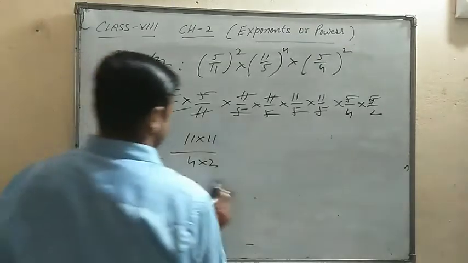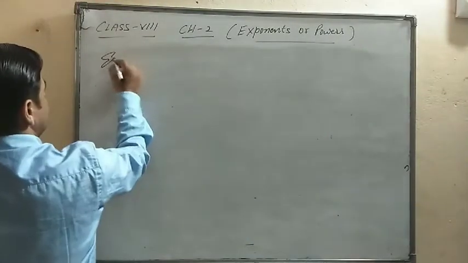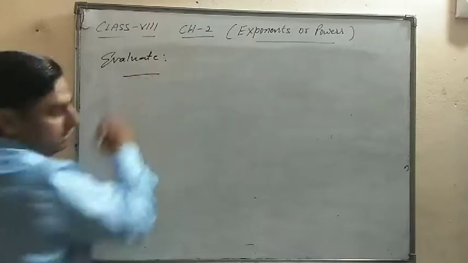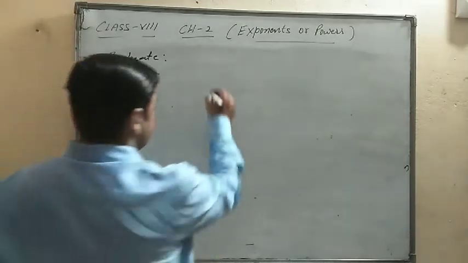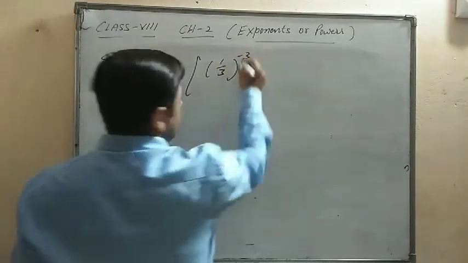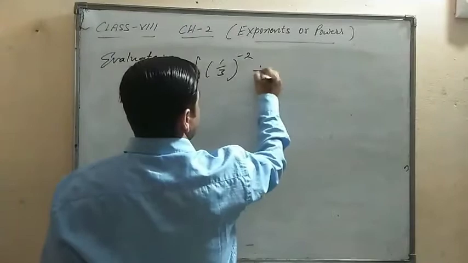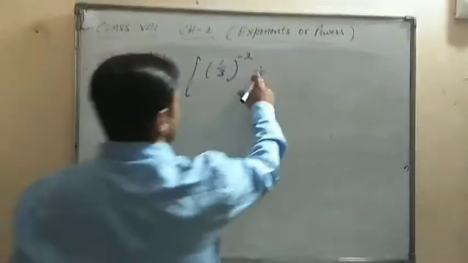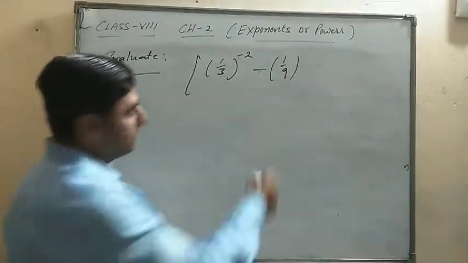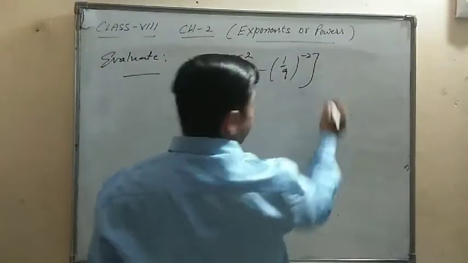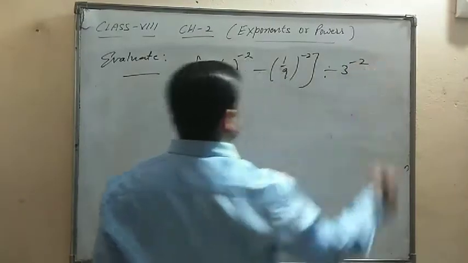Evaluate the following: open bracket, 1 upon 3 raised to power minus 3 minus 2, then minus of 1 upon 9 raised to power minus 2, close bracket, divided by 3 raised to power minus 2.